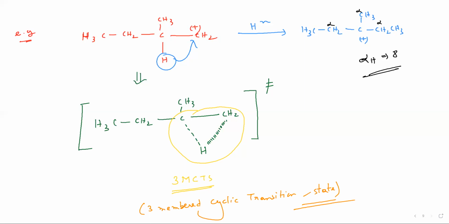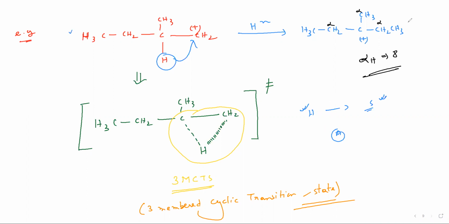Sir, is this nothing but ring expansion? No. Ring expansion is totally different, not ring expansion, because this is a transition state. Transition state means this bond is not fixed, easily breaks, easily formed. Suppose you are going from Hyderabad to Secunderabad, and A is a stoppage. This stoppage is a transition state. This is your initial state, this is your final state.